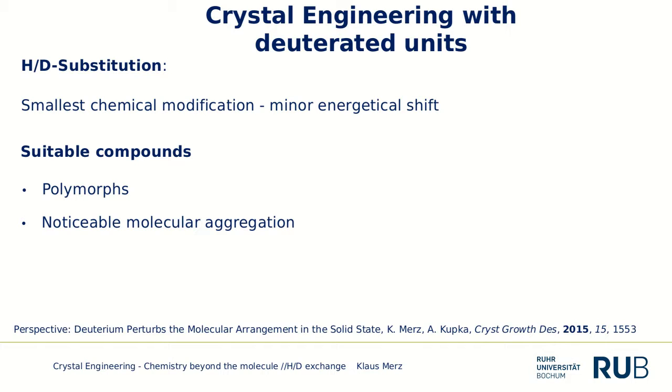If you have a crystal packing with noticeable molecular aggregation with, I would say, strange, interesting, remarkable features, then have a closer look at this molecular aggregation and think about whether you can use HD substitution to modify the crystal packing.